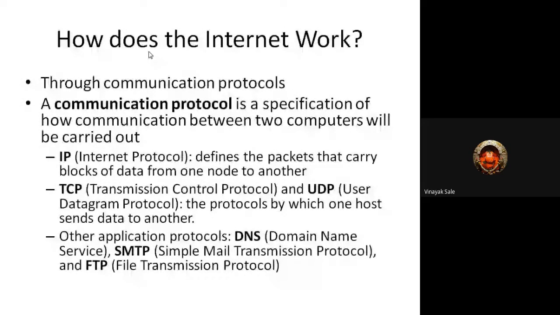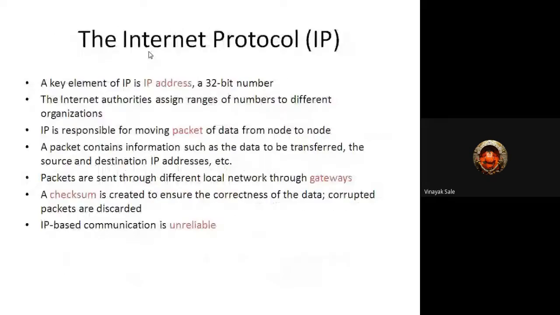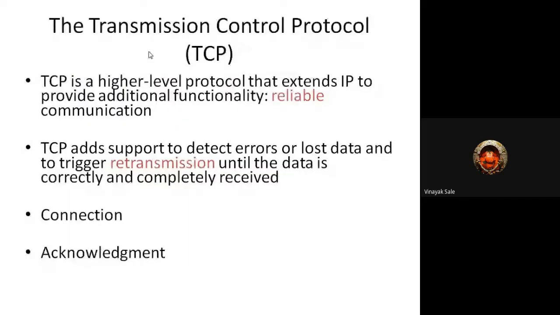Then we have studied different communication protocols such as IP protocol, TCP protocol, UDP protocol, then other application protocols such as DNS, SMTP, FTP protocol. Then in detail we have seen internet protocol, TCP protocol.